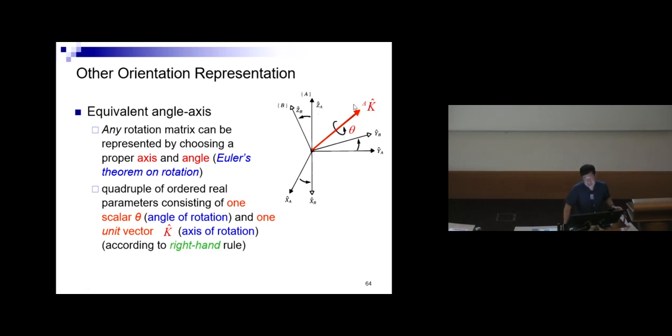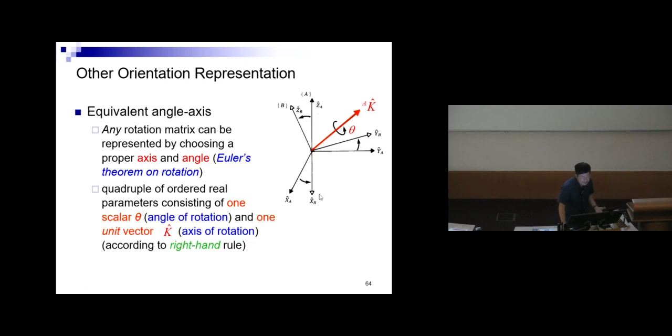This is K. This K is a vector, an axis. It consists of 3 parameters, and has a direction. And then you need this angle, theta. So you end up with 4 parameters.